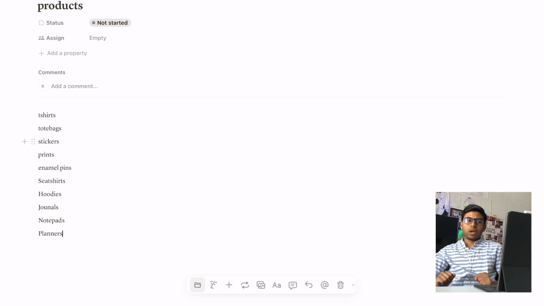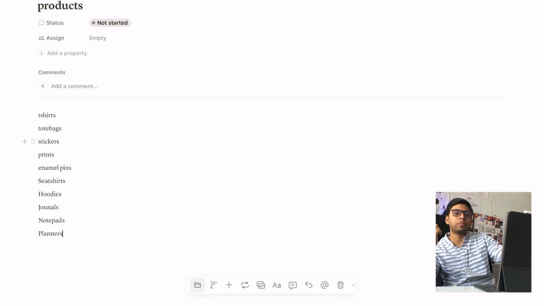I'm just going to stop here and leave journals as well as planners. The MOQ for the journals and the planners is basically 500, 600 and 1,000, as well as notepads.